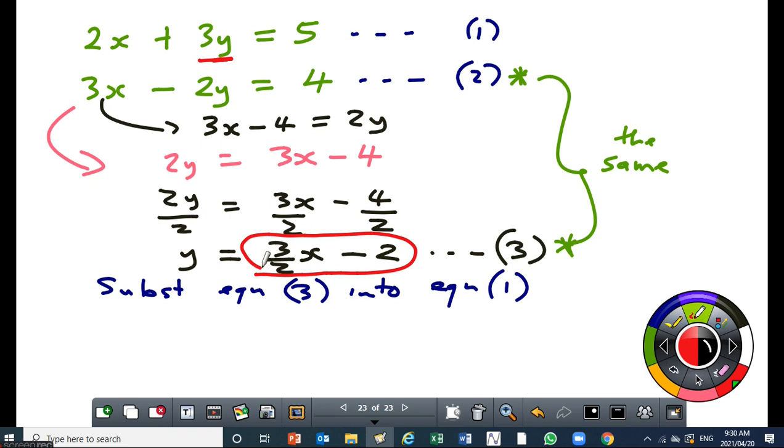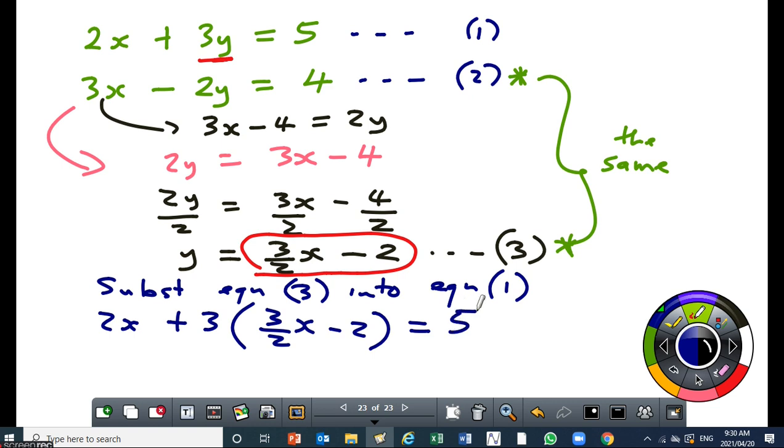Where there is y there, I'll put 3 over 2x minus 2. So, if I do that, I'm going to end up getting 2x plus 3 times 3 over 2x minus 2 is equal to 5.